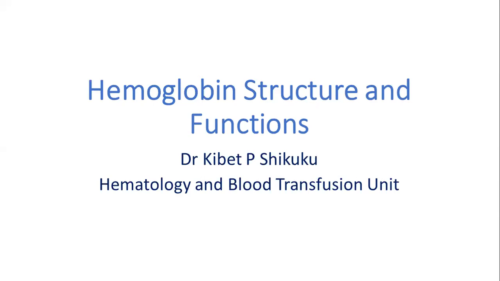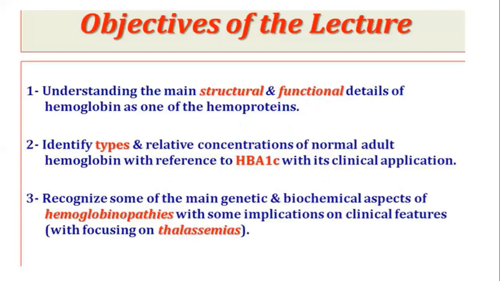But let's go through hemoglobin structure and functions. Part of what we shall try to address today is the structure and function of hemoglobin as one of the hemoproteins. There are several types of proteins in the body, but we have proteins called hemoproteins, whose role is mainly to support oxygenation of the body.